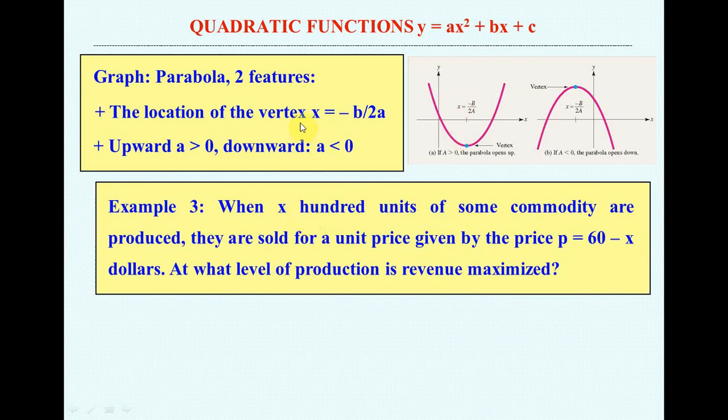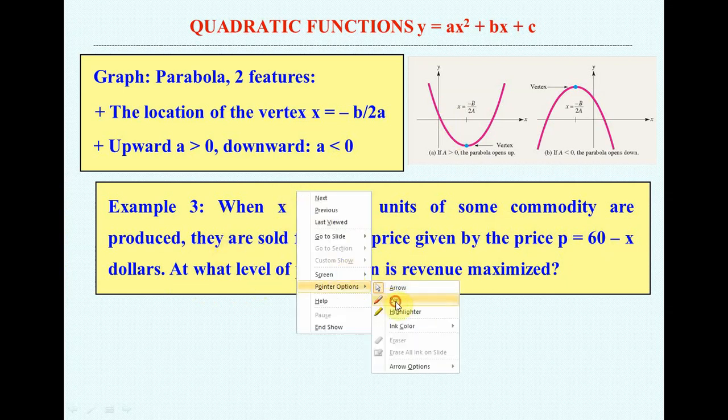Now, let's use the quadratic function to solve the next example. When s hundreds of units of some commodity are produced, they are sold for a unit price given by the price p equals 60 minus s dollars. At what level of production is revenue maximized?